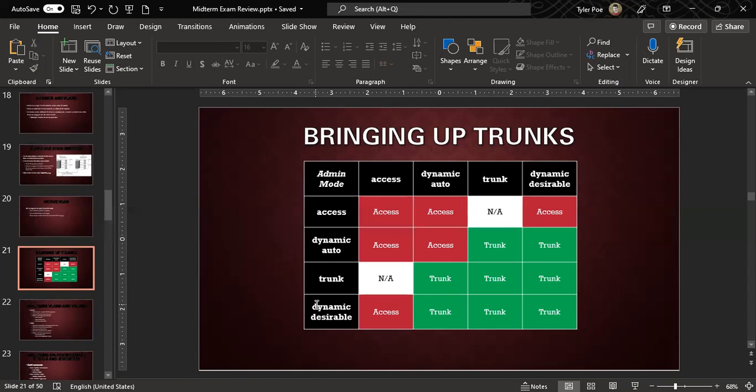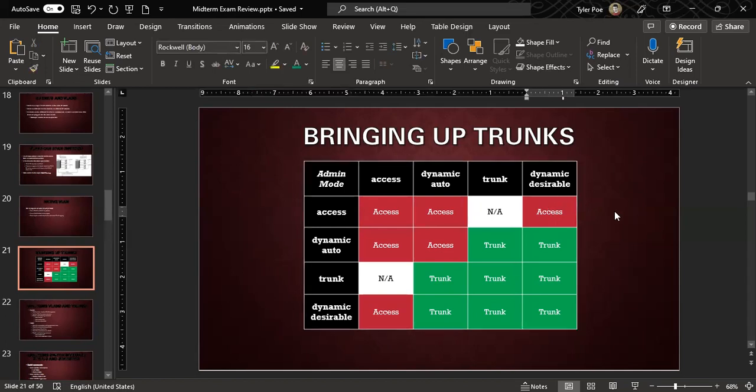The same with dynamic desirable. Dynamic desirable is a port that's set to want to trunk. It's trying to actively find trunking connections or trunking negotiation. It's looking to work out some trunking configurations. Dynamic desirable with access mode will not result in trunking. This is the safer way to have an access port alongside a dynamic desirable port.